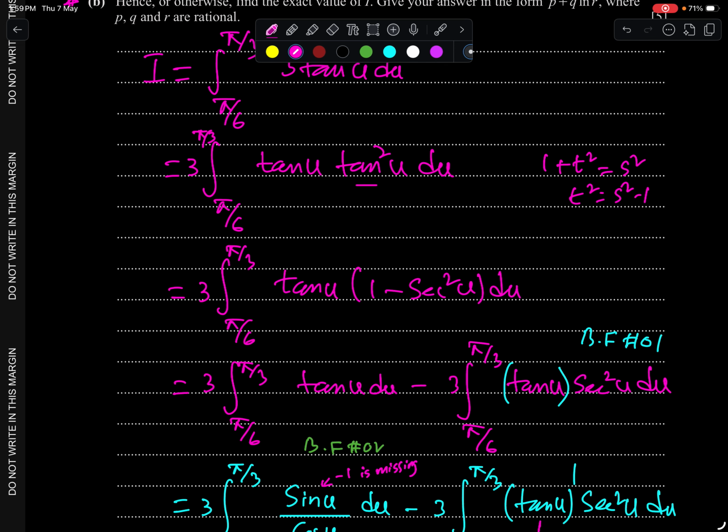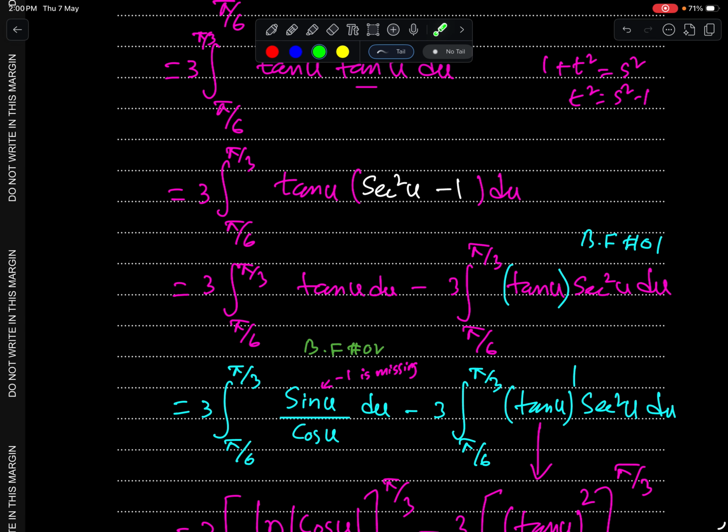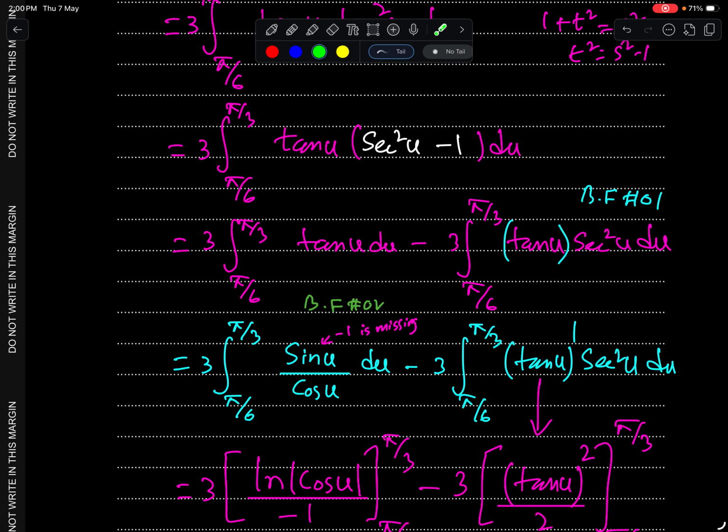Okay, I made a mistake. I'm so sorry. I wrote the wrong identity here. Let me correct this in a different color. Sec square u minus 1. I wrote this here correctly, but I wrongly wrote here. So sorry. So tan u sec square u is positive. This is positive.